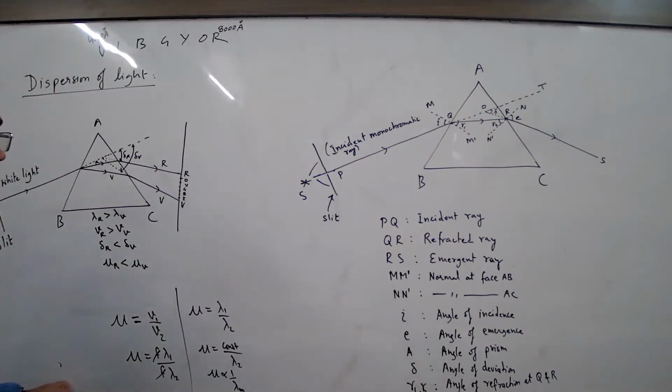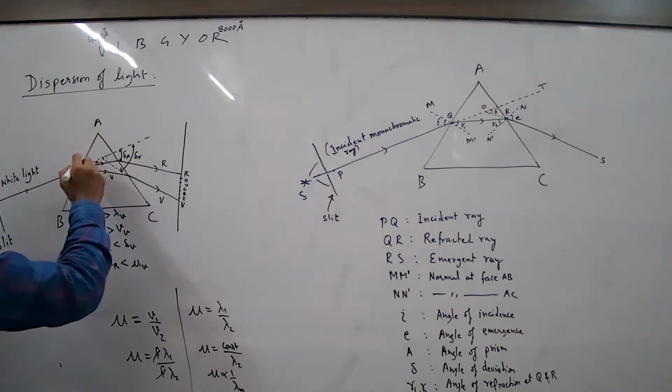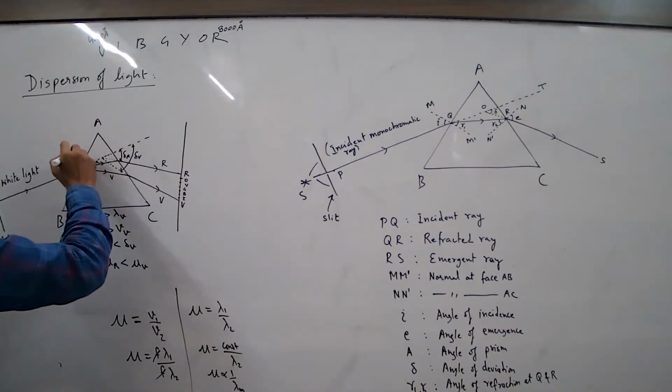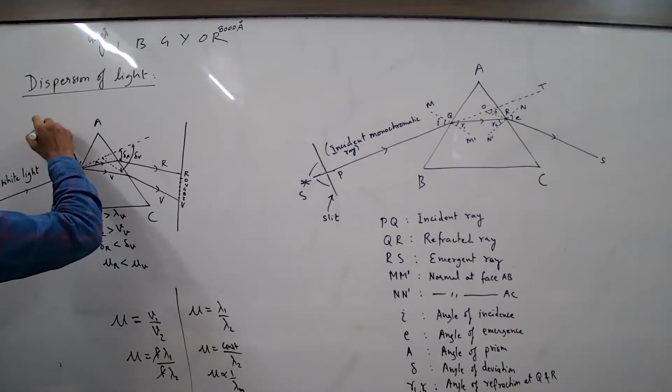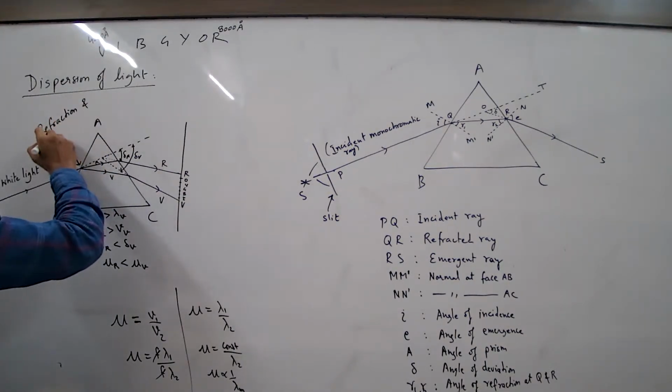Okay. So where is dispersion taking place at this point? On face AB. So what is taking place here? Refraction and dispersion.